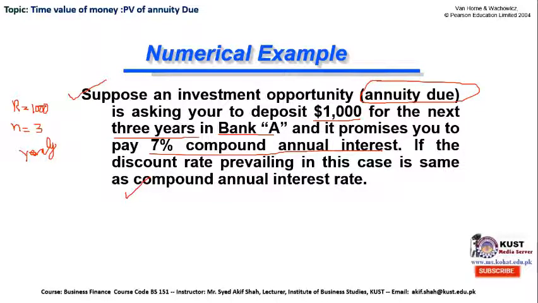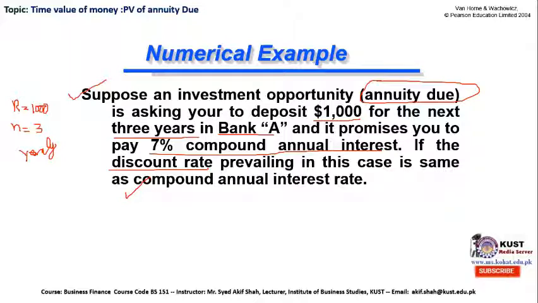It means that between investor and the bank, 7% compound annual interest rate has been decided. If the discount rate prevailing in this case is the same, discount rate is a hint. As previously I have explained, if in a numerical question the word discount rate has been mentioned, then it will be a clue to you that the question is asking to find out the present value.